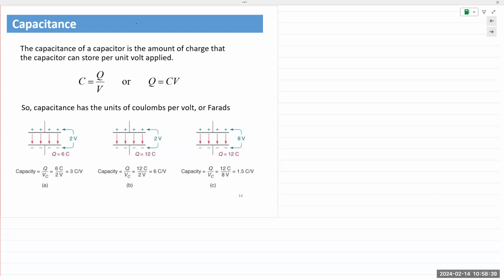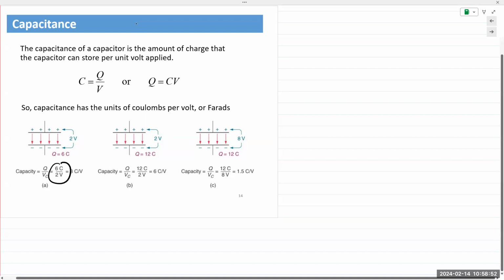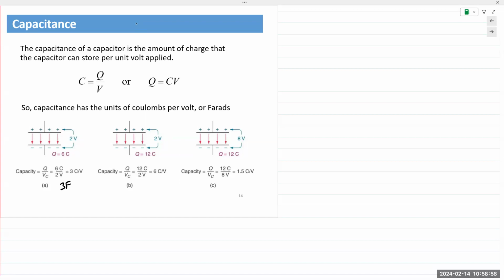And we can see that reflected right here between A and C. If you take a look at A, it can store 6 coulombs for an applied voltage of 2 volts, meaning for every volt applied, it can store 3 coulombs. And so the capacitance value is 3 farads. Second one, it can store more charge, 12 coulombs for 2 volts applied, so 6 farads.